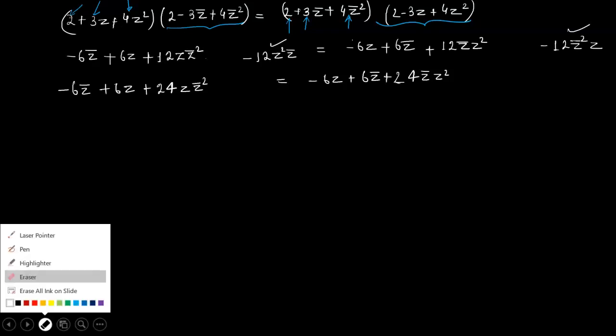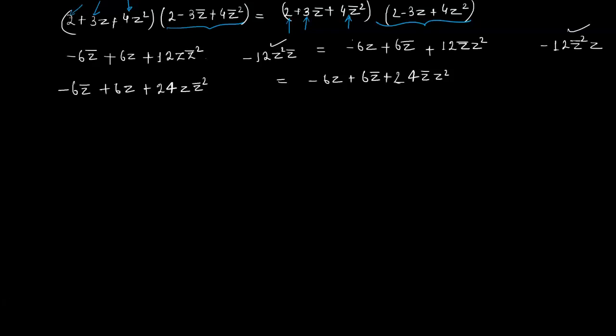So at last we have this type of equation, and taking the RHS part to the LHS, we will have 12z minus 12z bar plus 24z z bar square minus 24z bar z square is equal to 0.